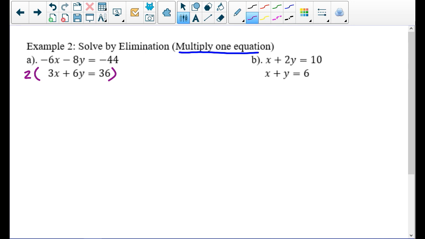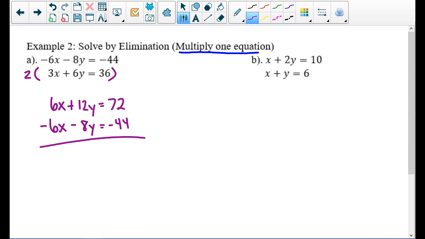So 2 times 3x is 6x, plus 2 times 6 is 12y, 36 times 2 is 72. And then I can just copy that top equation, so negative 6x minus 8y equals negative 44. And now I add.